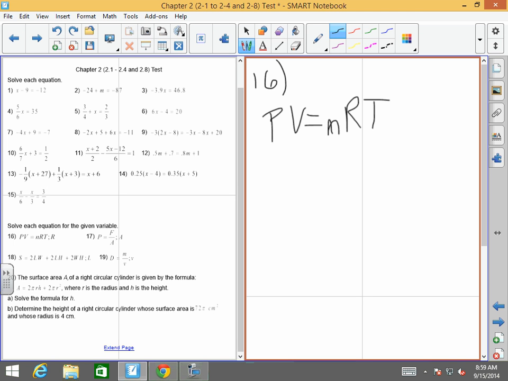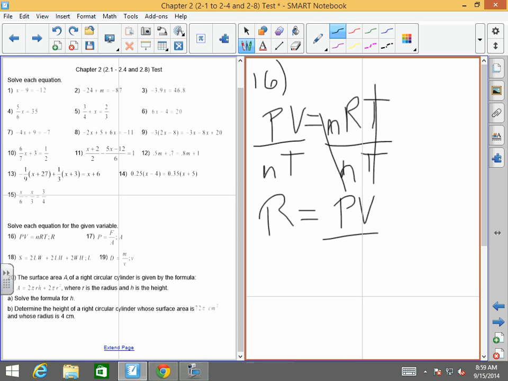I want to solve for R. Guys, the little n and the T are being multiplied to R. So I divide nT to both sides. Done. Those cancel. So R equals PV over nT. Done, done, and done. You cancel out multiplication with division.